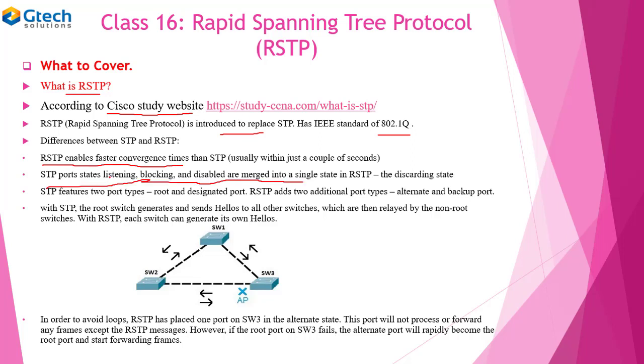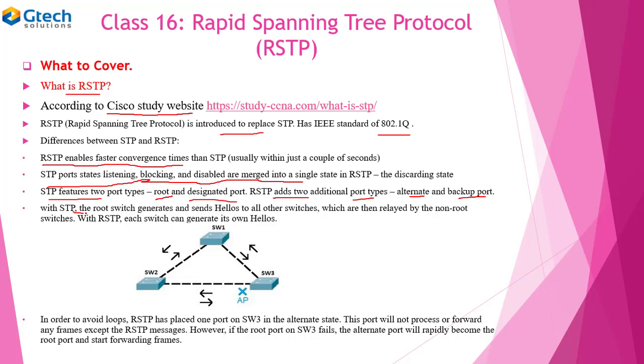STP port states listening, blocking and disabled are merged into a single state, but in RSTP it's the discarding state, right? STP features two port types we discussed earlier, a root and designated port, while RSTP adds two additional port types, which are the alternate and backup port, right?